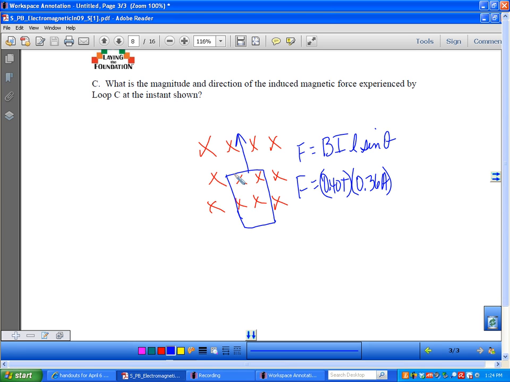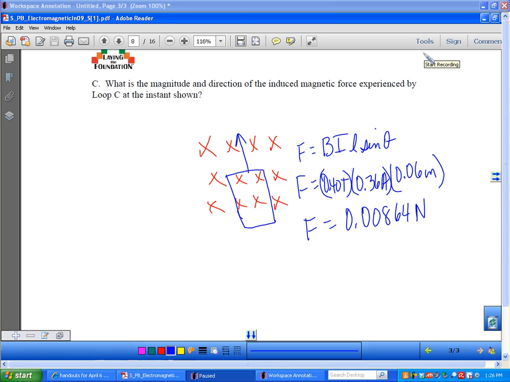And again, the force is being applied to the 6 centimeters or the 0.06 meters. So if I multiply those together, you get 0.144, and then 6 100ths of 0.144 is 0.00864, I think. So I'm going to check that real quick. All right, so we're good there.